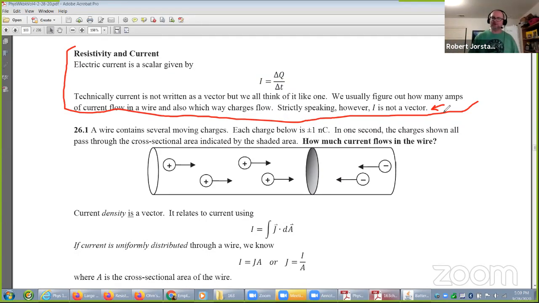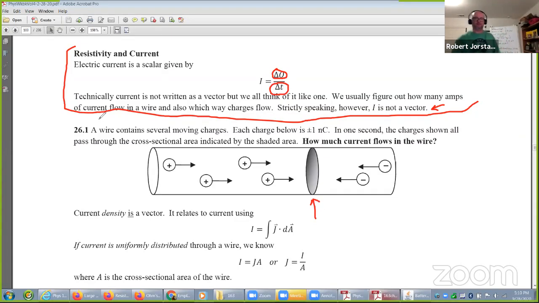But you and I both are going to go through the rest of this course imagining current as having a direction, though strictly speaking, it is not a vector. Everybody knows current has a direction, but the mathematical definition of it is just how much charge is passing a certain cross area per unit time. And that's what this picture is showing us here.